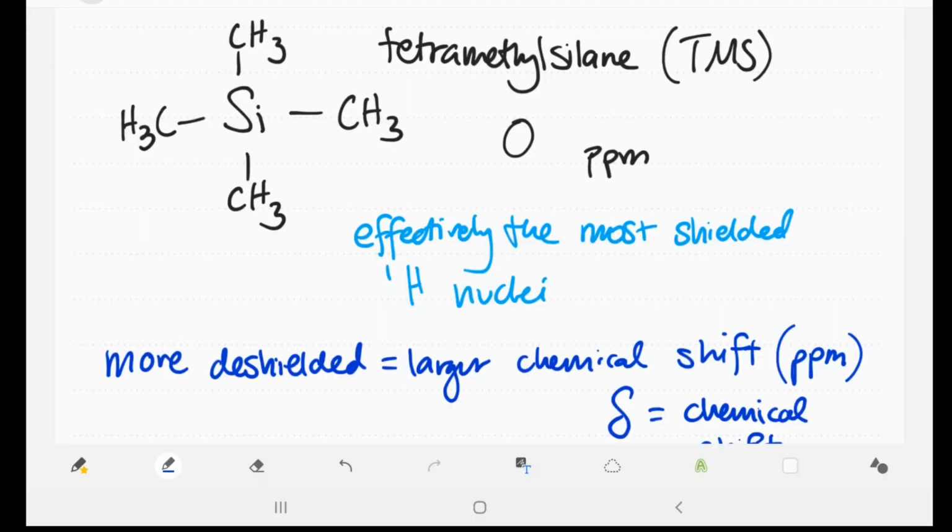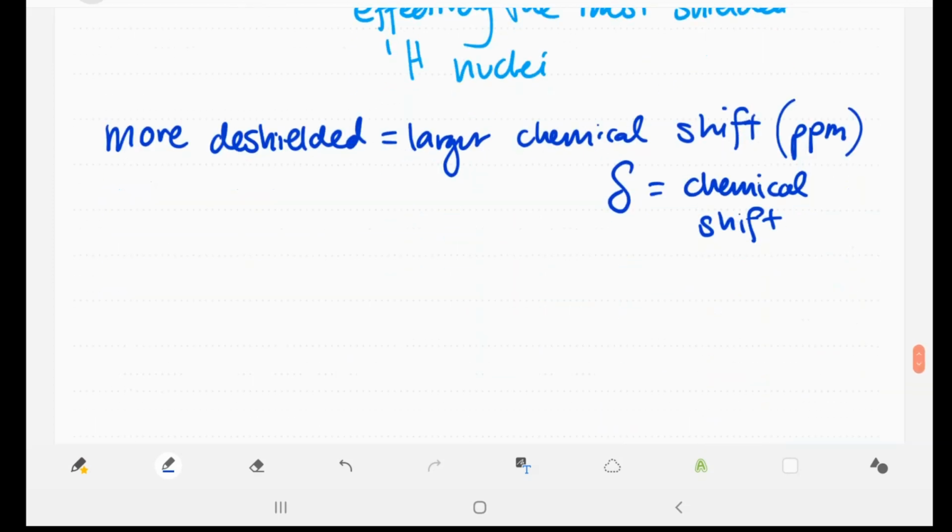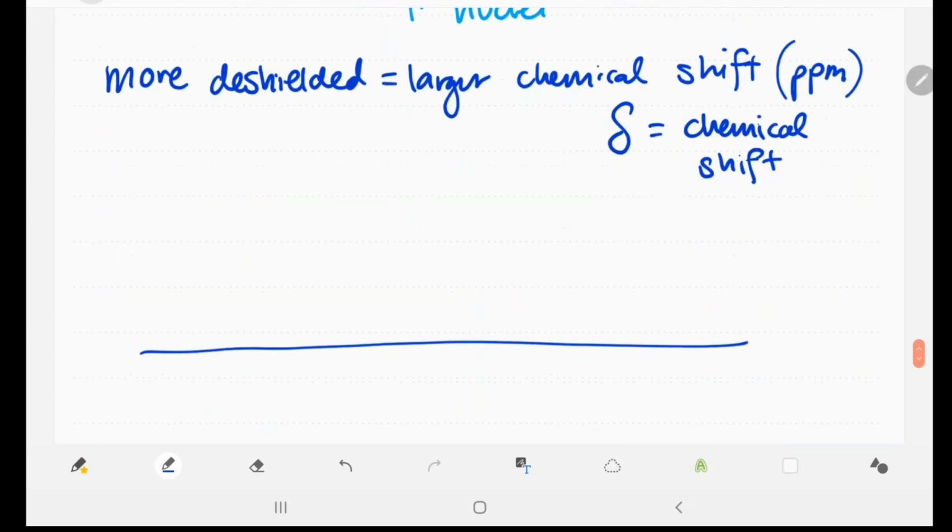And so we describe, here's our axis. This is where TMS will show up. It would show up as a single peak at 0. And so we go up here, 5 to 10. Usually we go to about 12 or so. 12 is about the maximum that we see, normally speaking, at least for proton NMR.